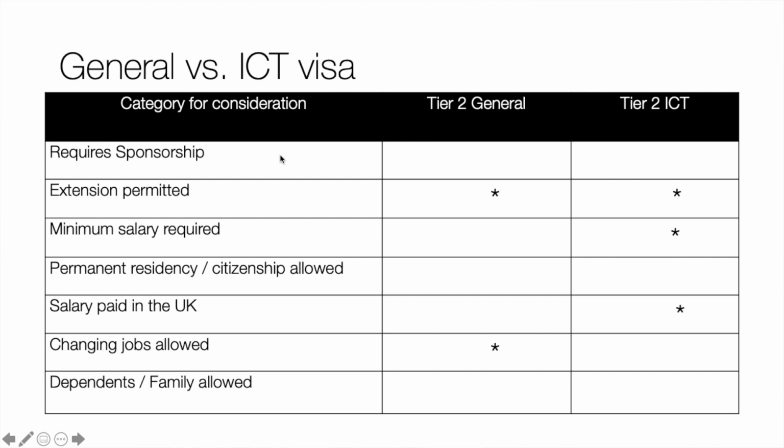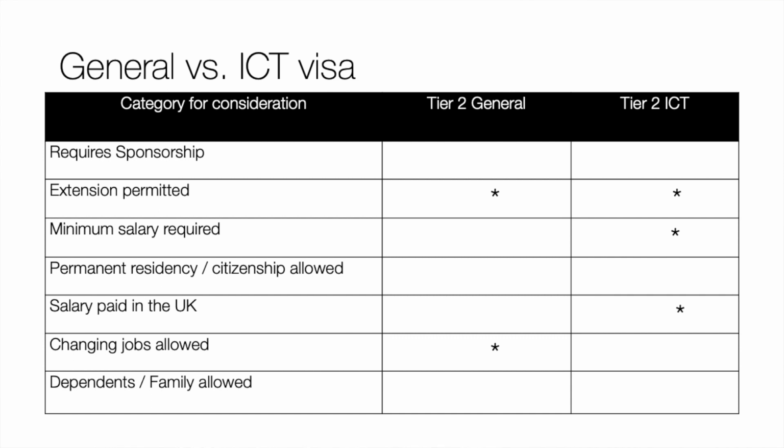Specifically, what we're going to be looking at is whether each one of these visas requires a sponsorship, whether you can extend your visa whilst you're in the UK, whether there's a requirement for a minimum salary and what those requirements are, whether you can get residency or citizenship, and if you get your salary paid in the UK, and whether you can change your jobs. Finally, we'll be looking at whether your dependents or family are allowed in the UK.